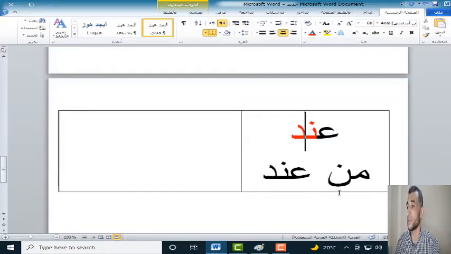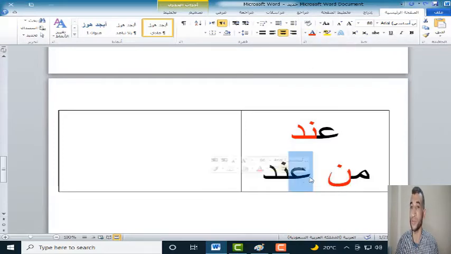But here you can find the consonant nun at the end of the first word, and the letter after it is the first letter of the second word.